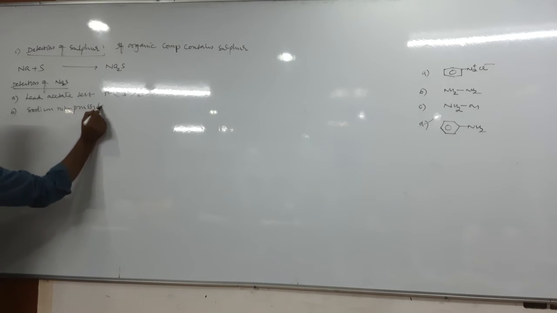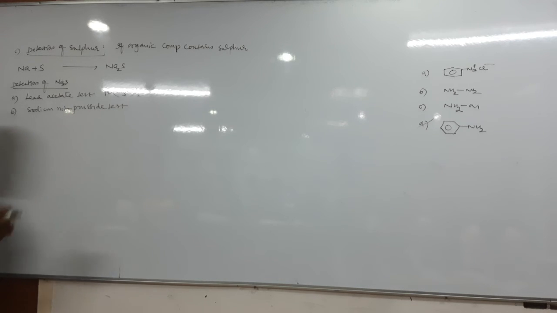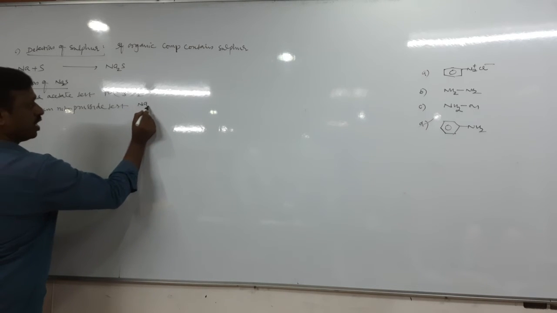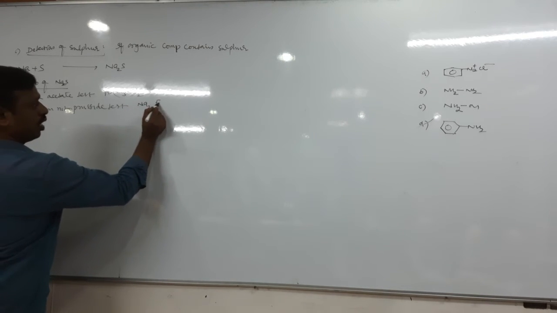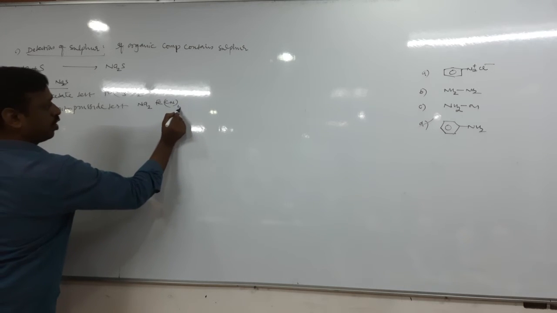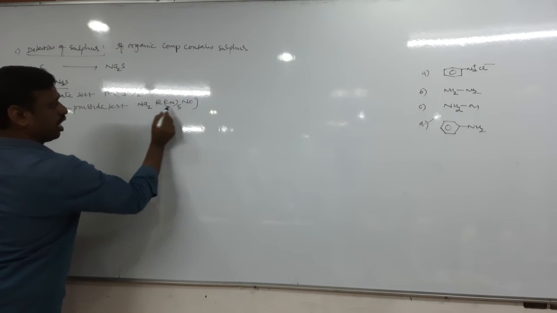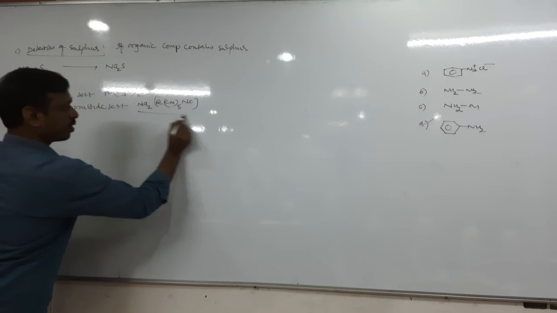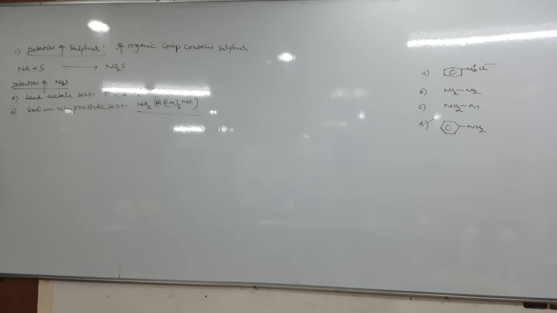So what is sodium nitroprusside? Na2[Fe(CN)5NO]. The name of the compound and formula are important. Sodium nitroprusside test. These are the two tests for detection of Na2S.